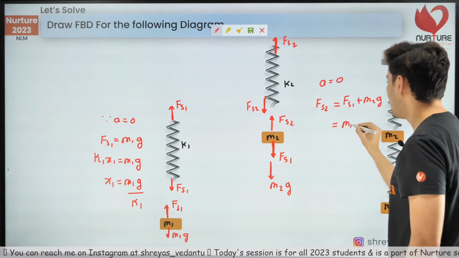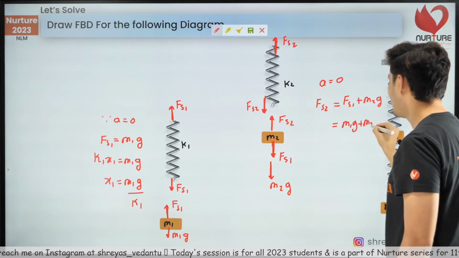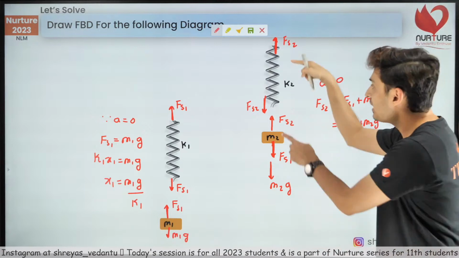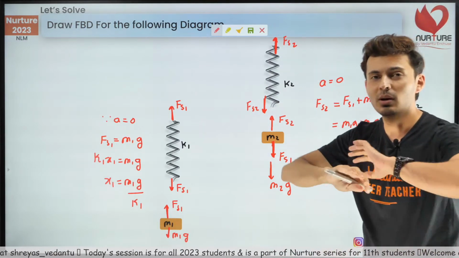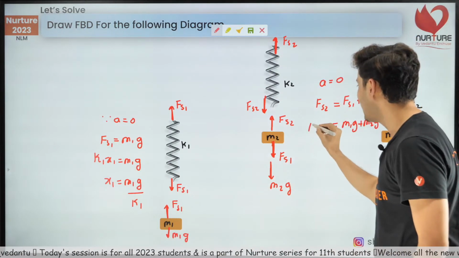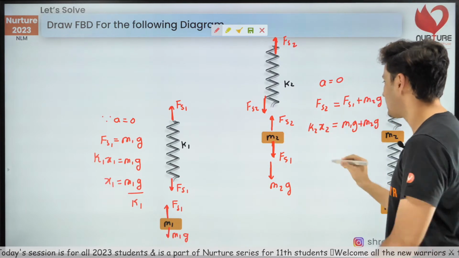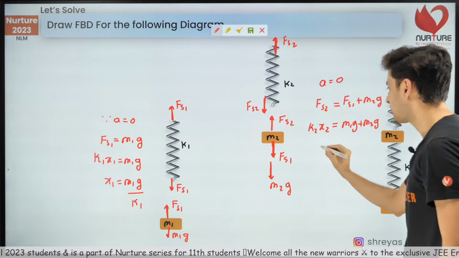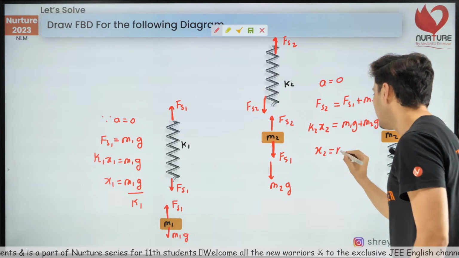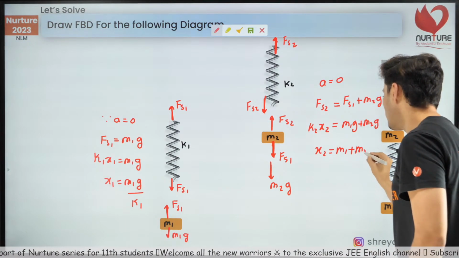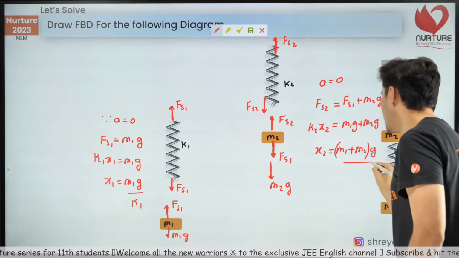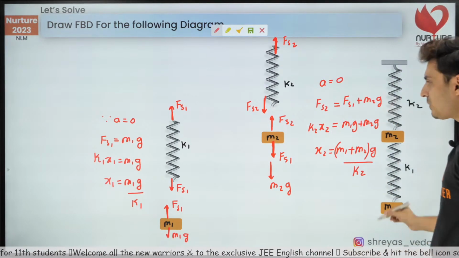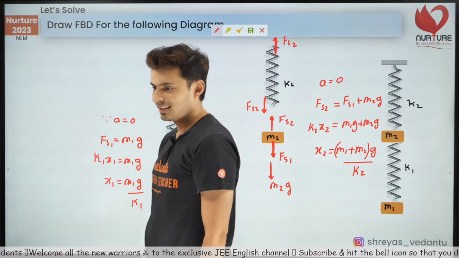It will be M1g plus M2g. And what is spring force 2? Spring force is always Kx, so it is K2 into X2. Why 2? Because it's a different spring, different extension. So X2 will be (M1 plus M2) whole thing into g divided by K2. That's how I can find it out.